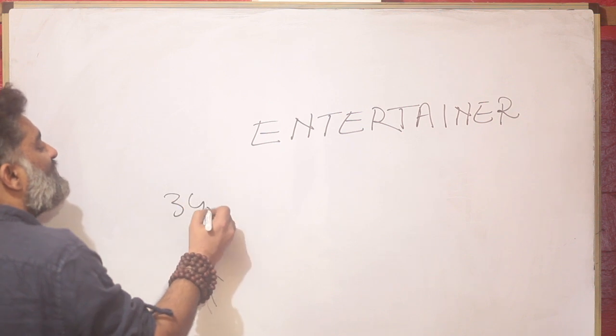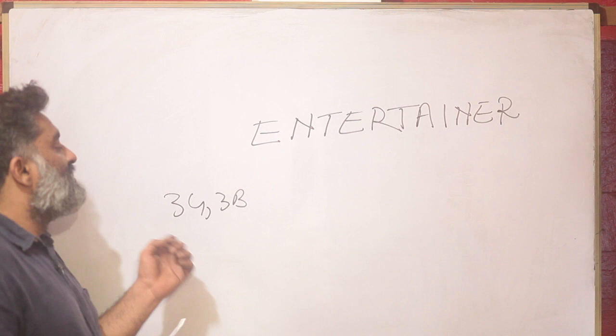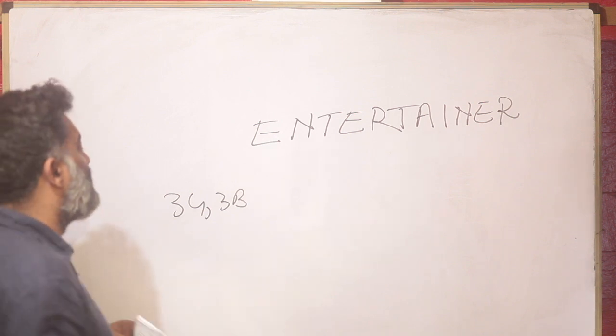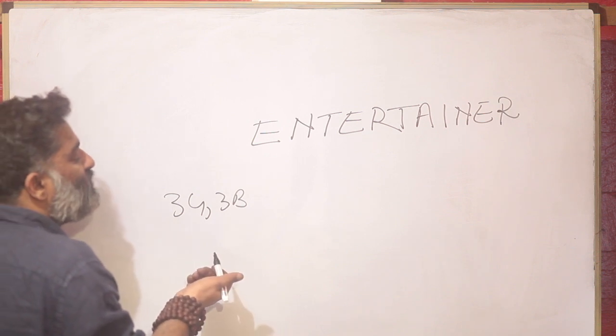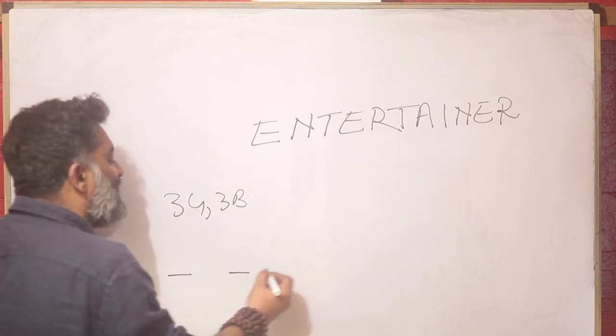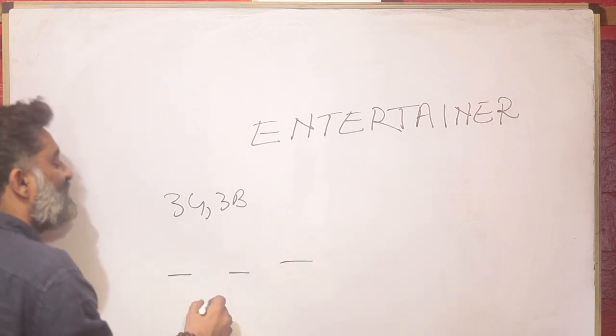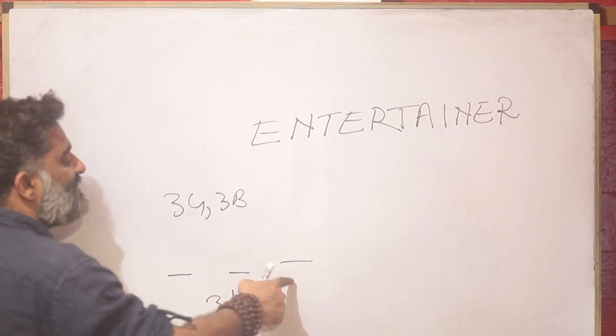Say you have 3 girls and 3 boys. They want to be arranged in a row such that no two boys are together. So what did I do in that scenario? I first thought of the girls. There are 3 girls, so let me arrange them in 3 positions. Very simply put, my answer would be 3 factorial, 3 girls in 3 positions.